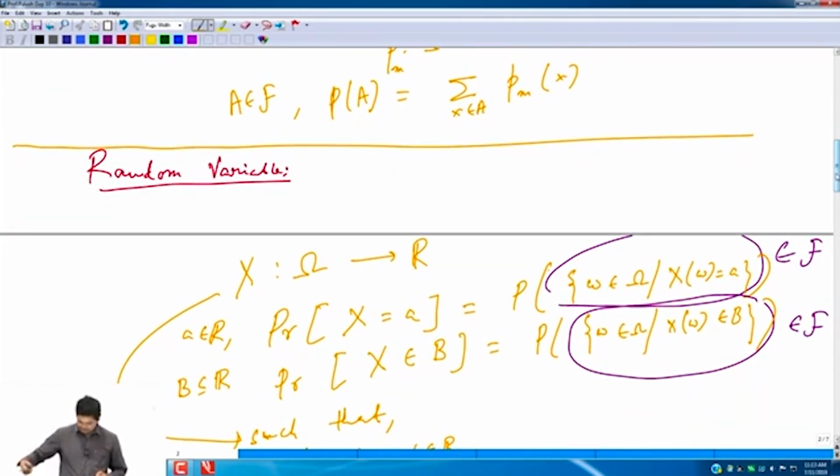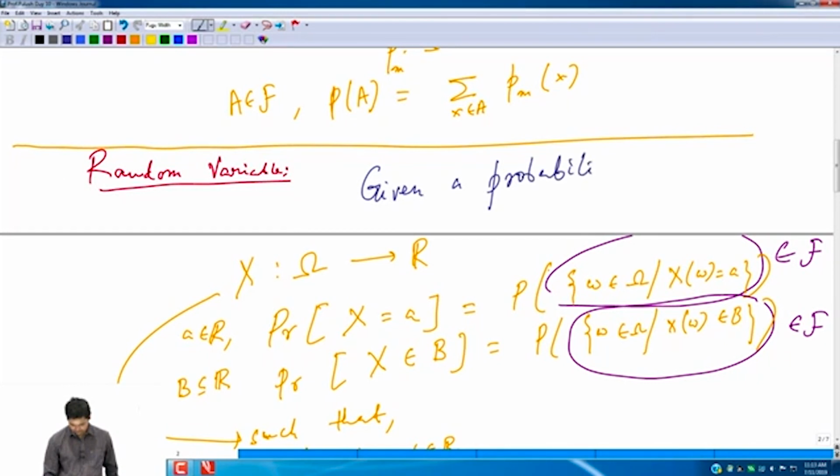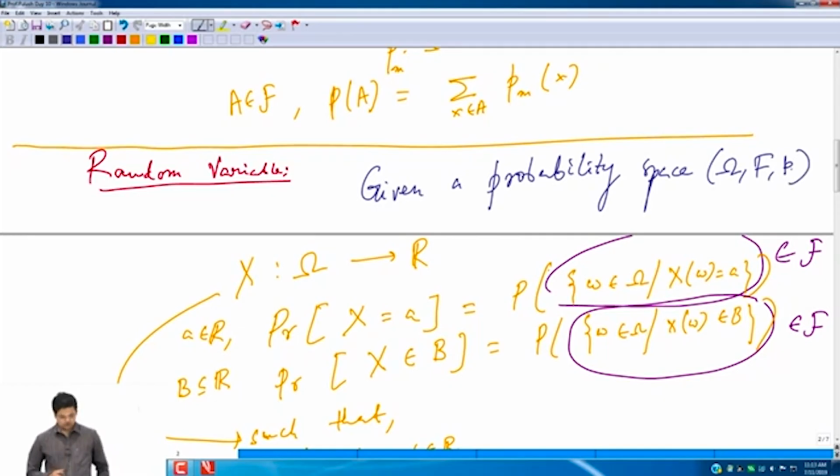And when defining a random variable, we are given a probability space. So we are given a probability space omega, F, P, and using that I am defining a random variable.